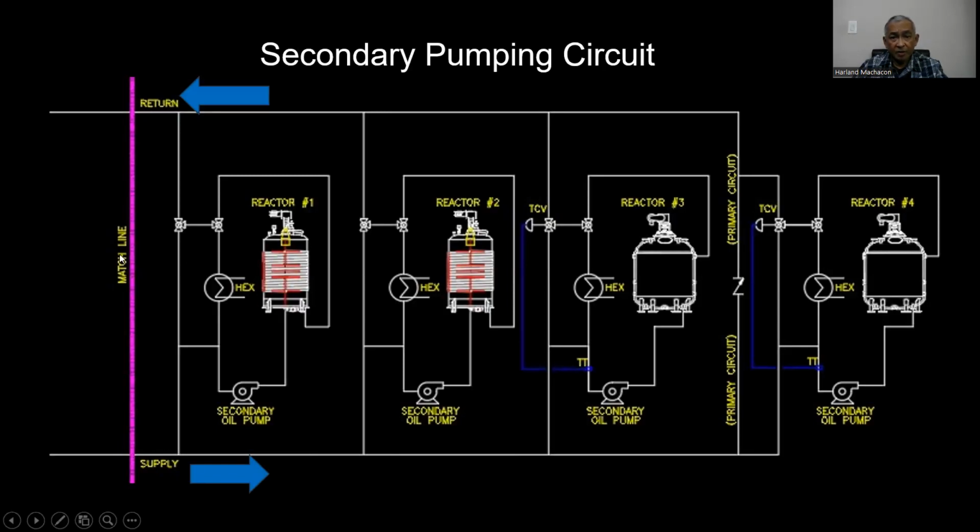And so if these four reactors operate simultaneously during the heating mode, what happens is only these two reactors are being supplied, and these 3 and 4 will have insufficient heating.